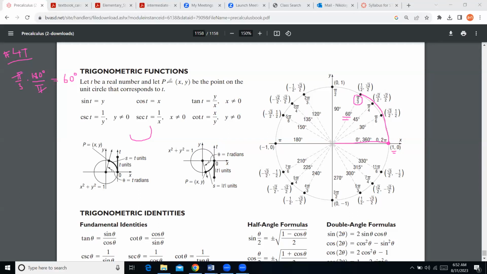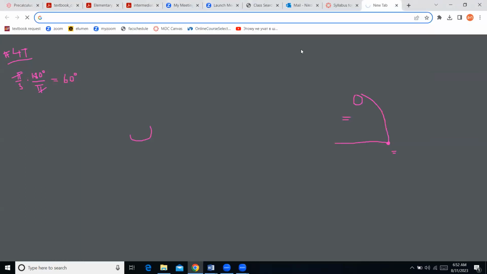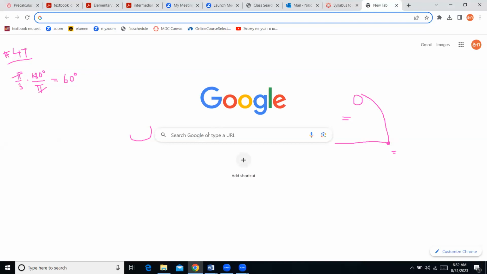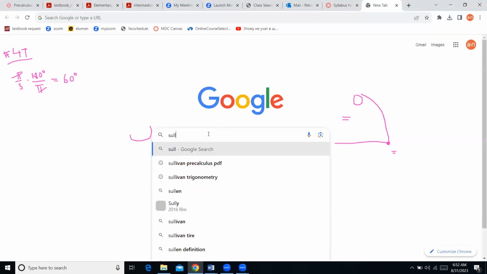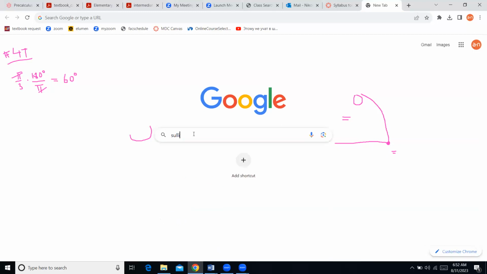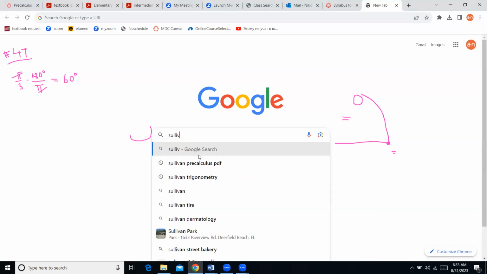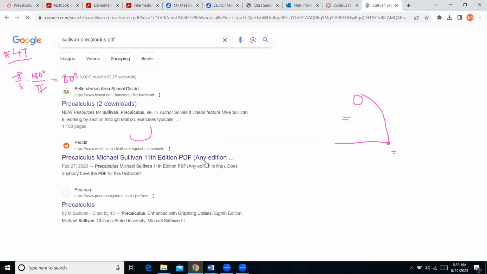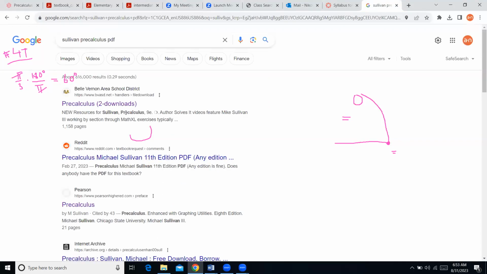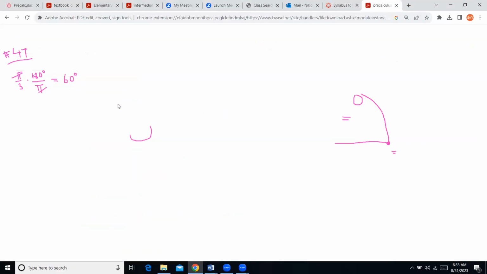And what I want to do is get another copy of this textbook for convenience in here. So I'm going to type Sylvan and then pre-calculus and then PDF, and it's going to actually appear. And we take choice number 1, right?